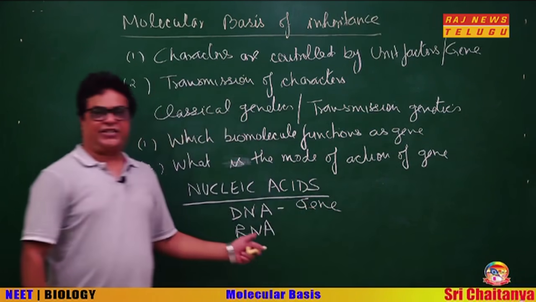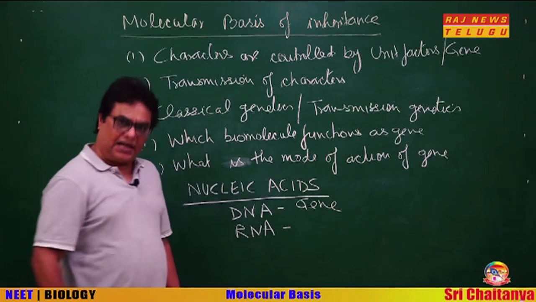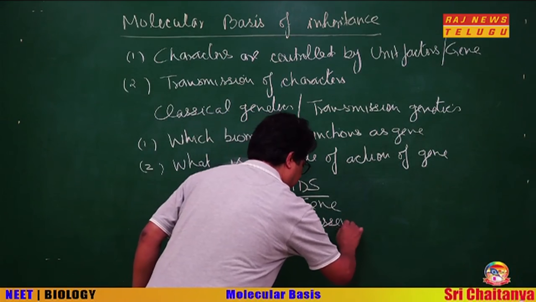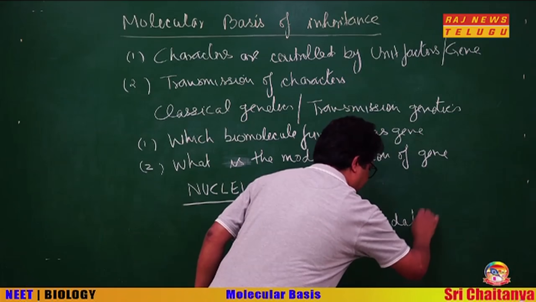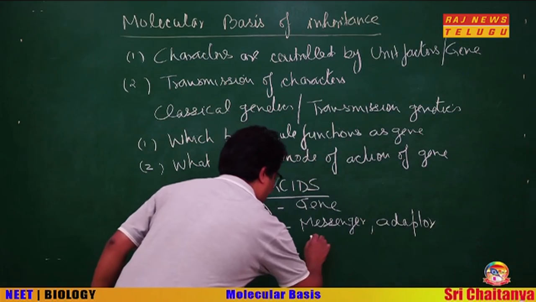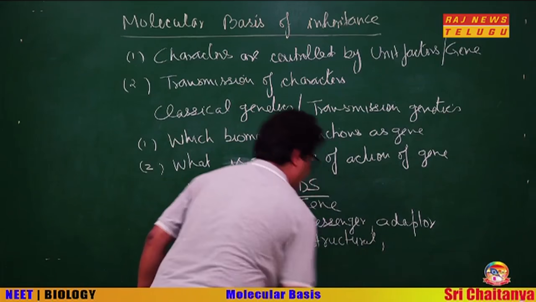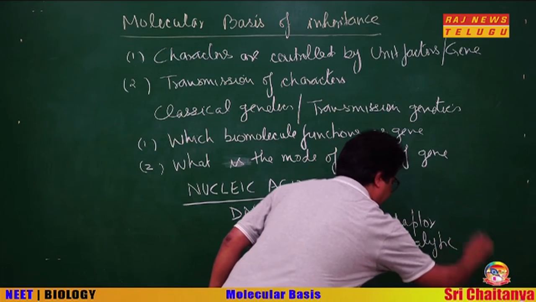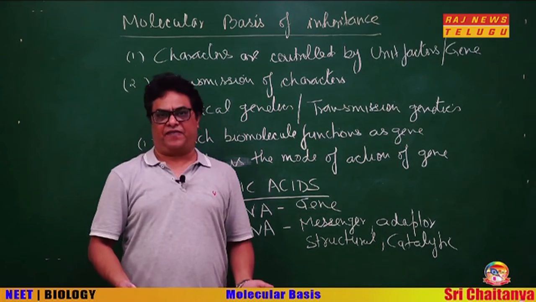So chemical nature of gene is DNA, while RNA has some other functions like messenger, adapter, structural, and even in certain cases catalytic function. Okay, but biology is full of exceptions.